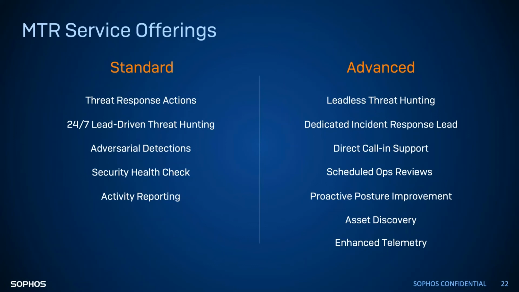So when I noted on the advanced tier offering, enhanced telemetry, if you were going to point out one thing that's just going to get better and better, it's going to be that piece. Right now, our team has access to the telemetry, but as we build out connectors, we're going to be including things like O365, as was mentioned before, Active Directory, XG firewall, Gmail. All of these things will be woven directly in and have a direct connection to our team, so we have even broader visibility than we do today.